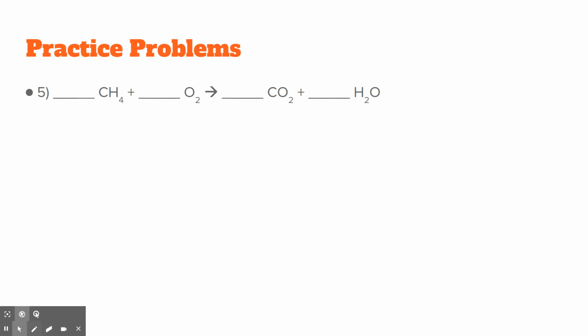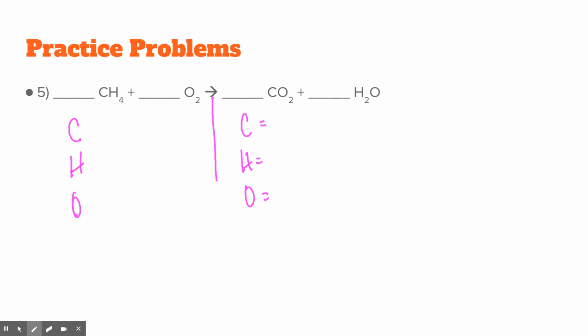For example number 5, we have 3 elements, carbon, hydrogen, and oxygen. Go ahead and count. Remember, for our oxygens, we're adding this and this. Okay. I can start with my hydrogens.